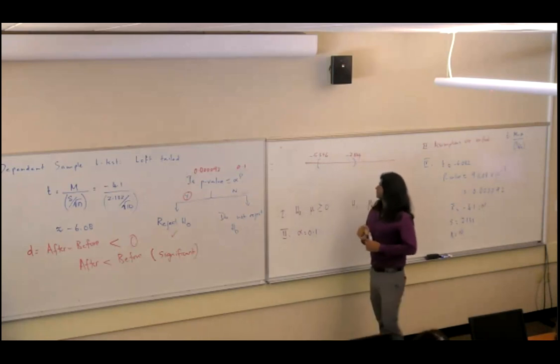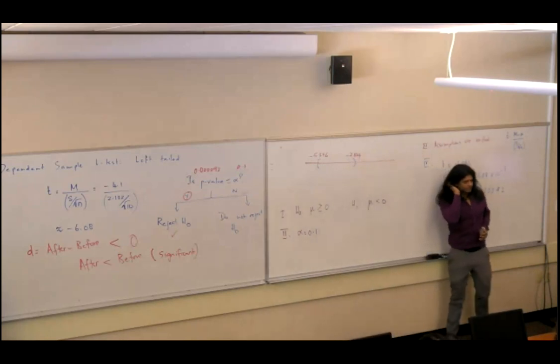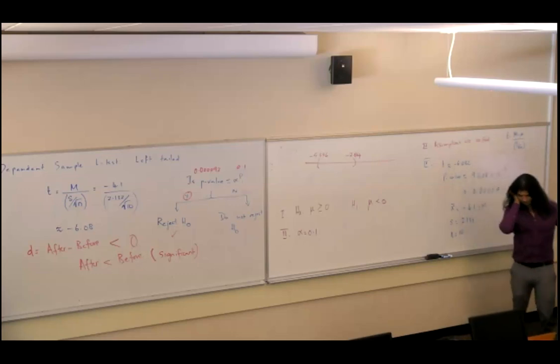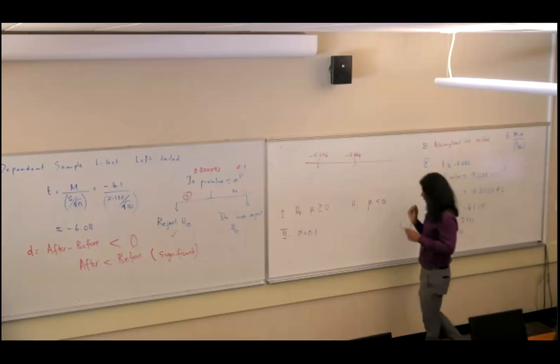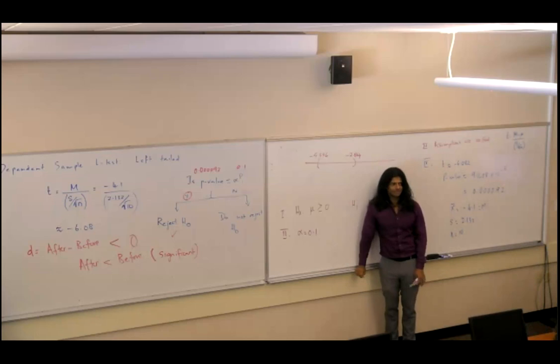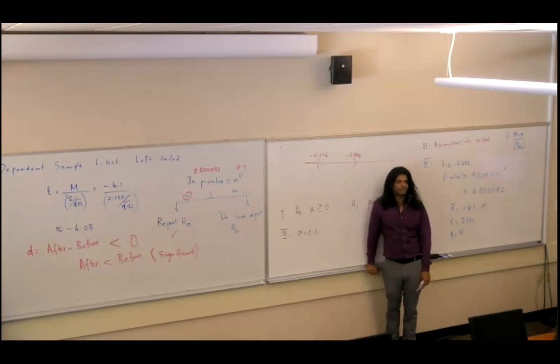And what did you use for the confidence level? 0.9. Yes. Why 0.9? Because our alpha is 0.1. If alpha is 0.1, the confidence level is 0.9.